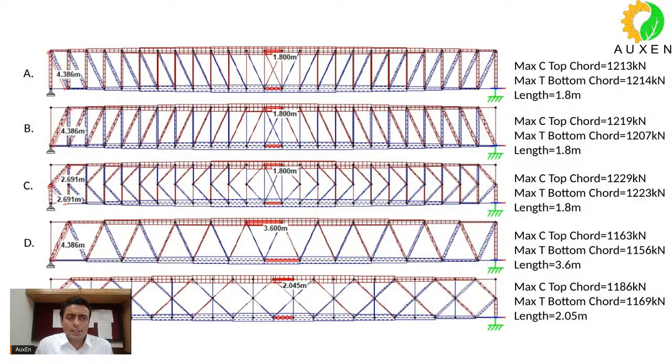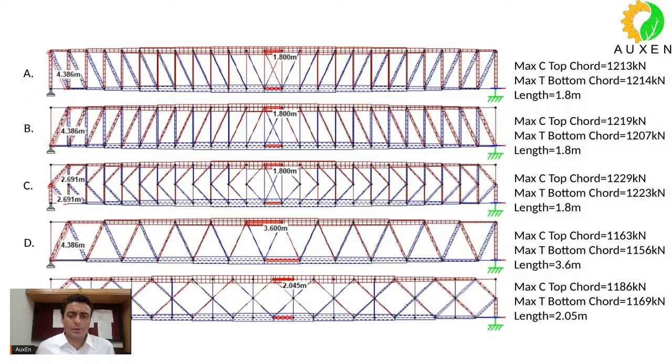I have also mentioned the length of each member. You will see it's almost similar. There is not much difference. Almost 14, 15 kilonewtons over here and there, mainly due to the difference in self weight. Otherwise, almost all the chord forces are same.